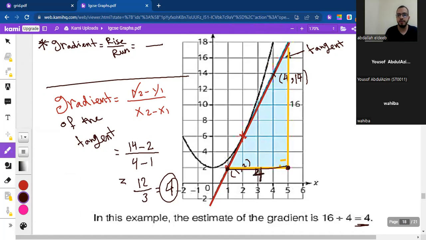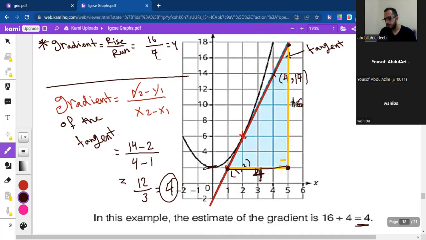And this line, 18 minus 2, is 16. Then you divide 16 by 4, it is 4. It means now you have 2 ways: either you use rise over run or y2 minus y1 over x2 minus x1, and we're done.